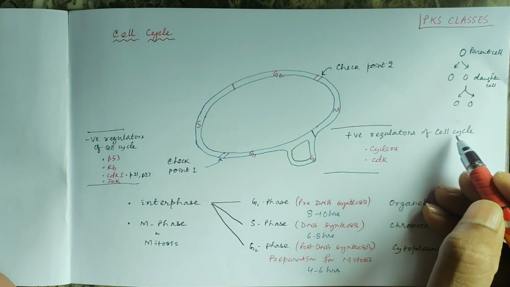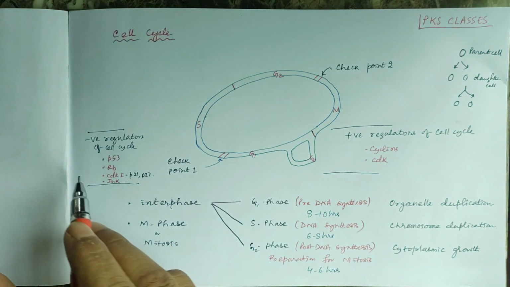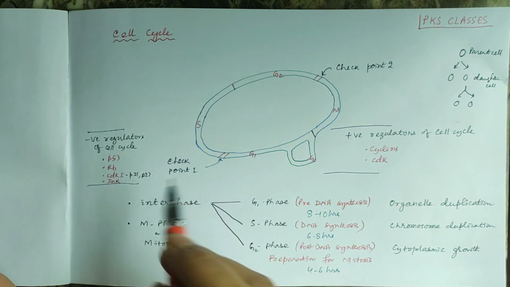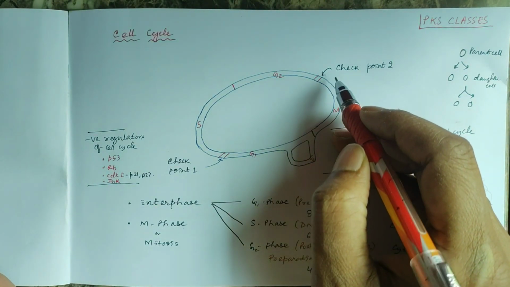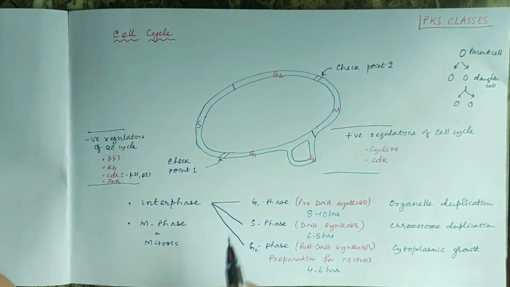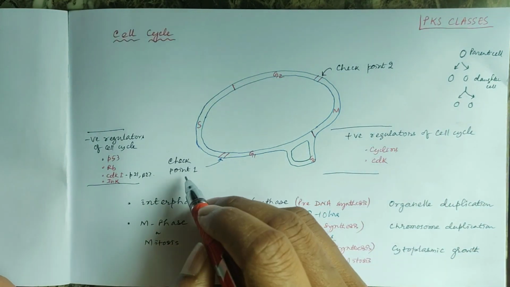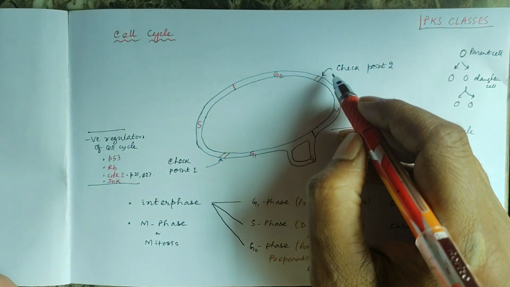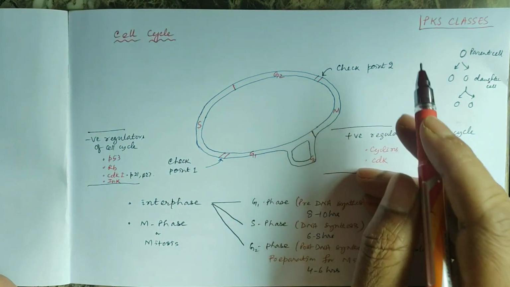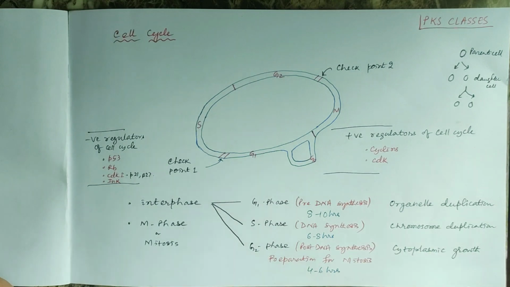The positive regulators of the cell cycle help the cell to progress through the cell cycle, and negative regulators of the cell cycle stop the cell cycle at checkpoint 1 and checkpoint 2 and stop the cell division, and the cell will undergo apoptosis. Checkpoint 1 is just before the S phase DNA synthesis, and checkpoint 2 is just before the mitosis. The objective of these two checkpoints is that no abnormal cell should be produced.